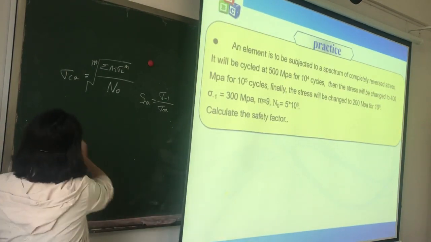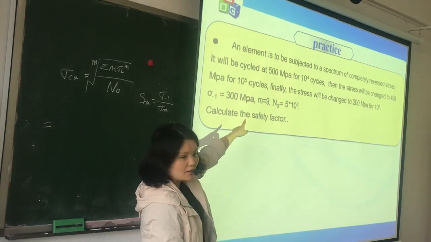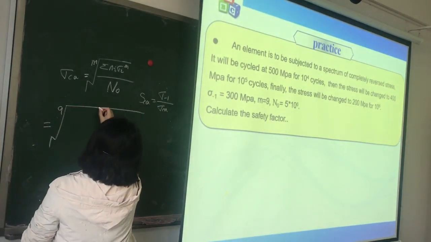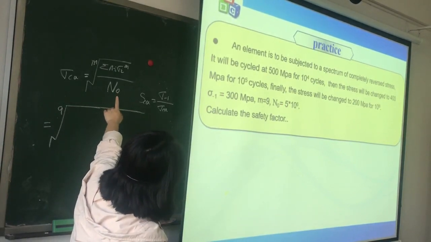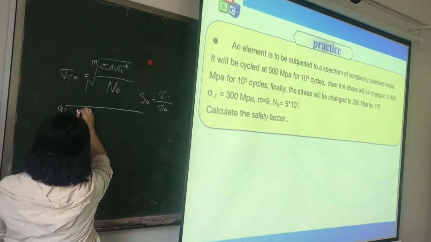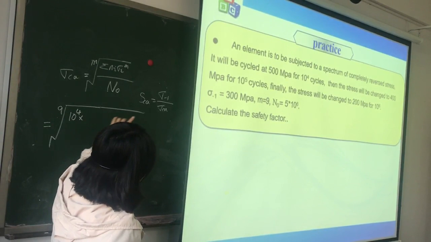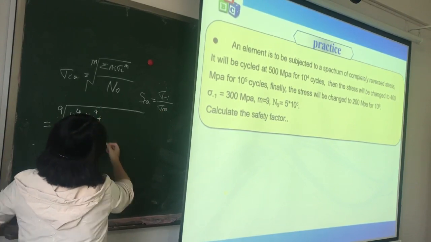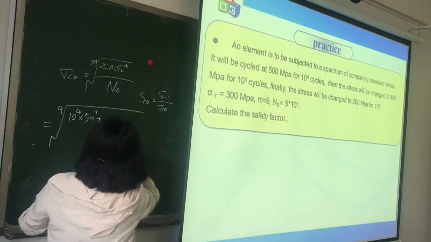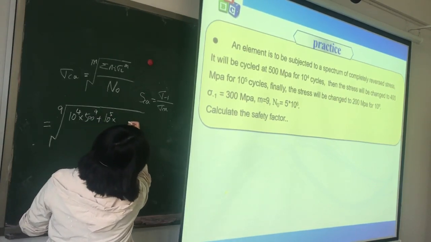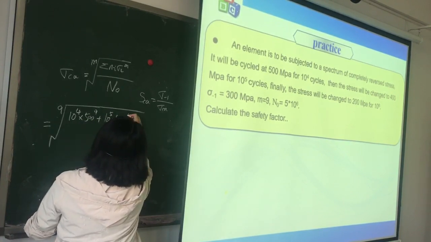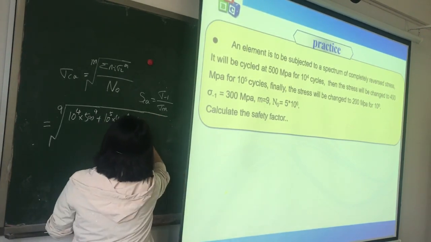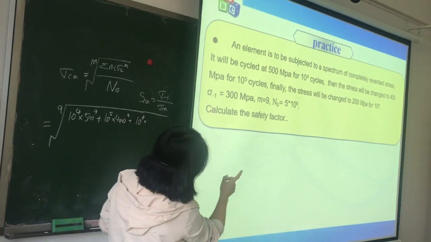So we know that m is 9. And n1 is 10 to the 4th, sigma 1 is 500, plus n2 is 10 to the 5 times sigma 2 is 400, and n3 is 10 to the 4th times sigma 3 is 200.